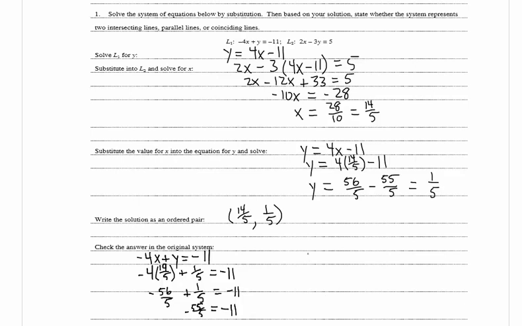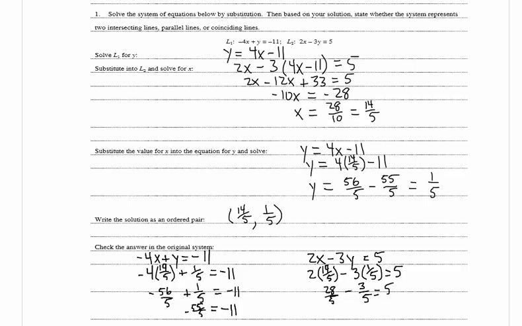Now we're going to check in line 2, so we have 2x minus 3y is equal to 5. Now we have 2 times 14/5 minus 3 times 1/5 is equal to 5. 2 times 14/5 is 28/5, minus 3 times 1/5 is 3/5, is equal to 5.